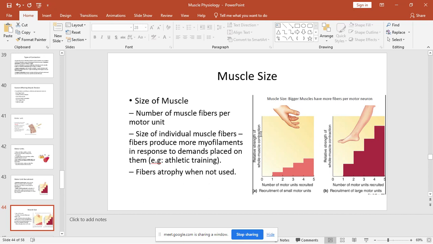The more one exercises, the more one builds muscle bulk, and that comes about because the muscle fibers increase in number and size. We also know the opposite is true. If you don't exercise, you will have muscle atrophy. Why? It's simply because the number and size of your muscle fibers will reduce.